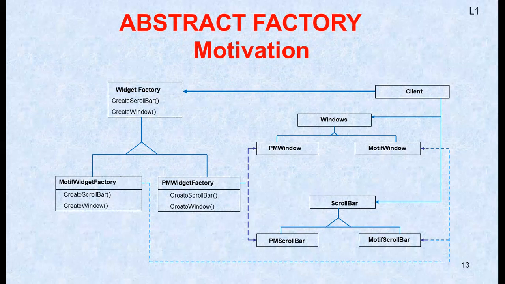We can solve this problem by defining an abstract WidgetFactory class that declares the interface for creating each basic kind of widget. There is also an abstract class for each kind of widget, and concrete subclasses which implement the widgets for specific look and feel standards.